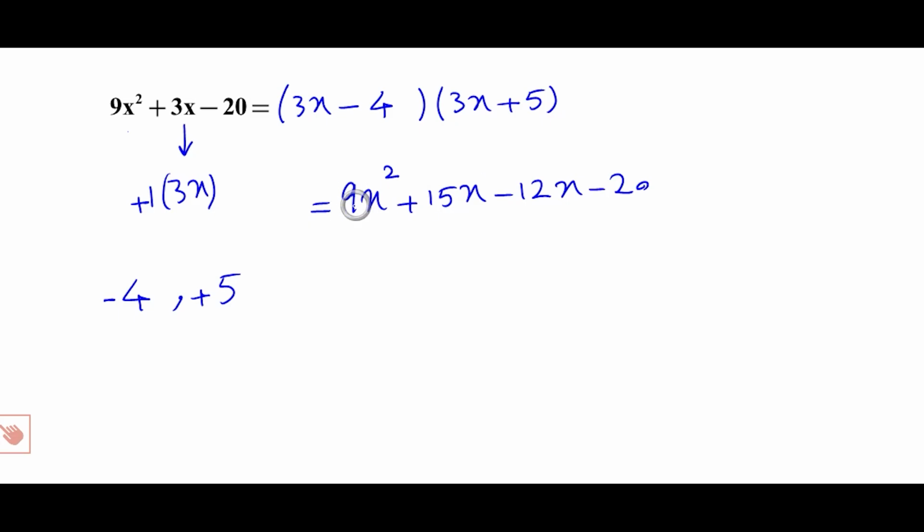So we have 9x squared plus 3x minus 20, which is here.